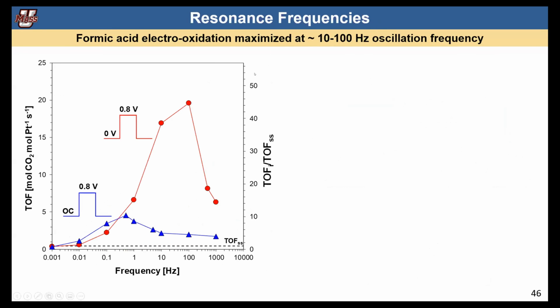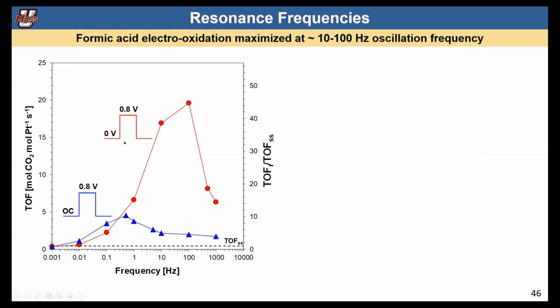So now putting this all together, we thought of this in two ways. These are two different potential oscillations, one between physical open circuit, where we turn things off, and one between the applied open circuit potential of 0 volts. For reasons I'm happy to talk about at a later point when there's more time, this 0 volt potential is the same as the open circuit.